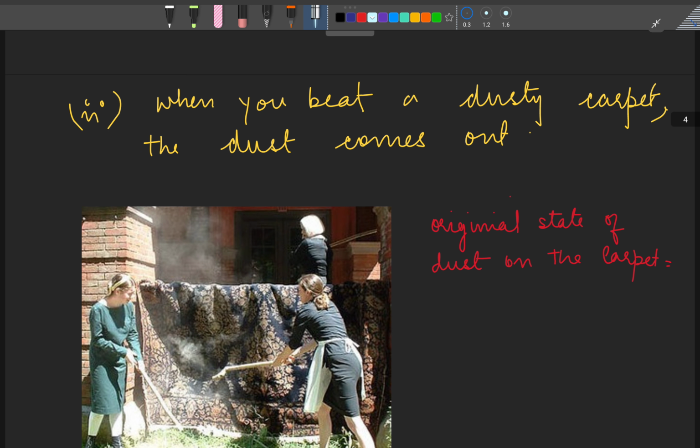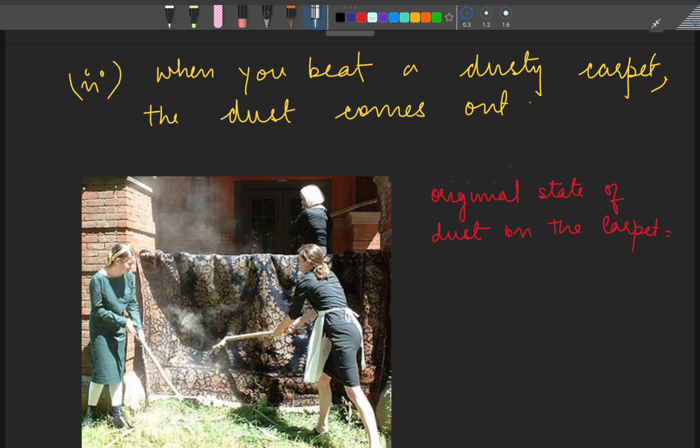Now, second example is when you beat a dusty carpet, the dust comes out, right? Why does this happen? Now, again, same logic, the dust on the carpet is at rest. The original state of the dust is at rest. When you're beating the carpet, you're applying force on the carpet and the carpet is coming to motion, but the dust continues to remain at rest.